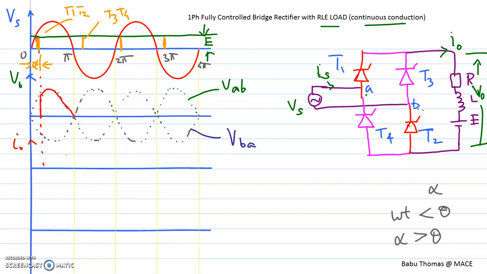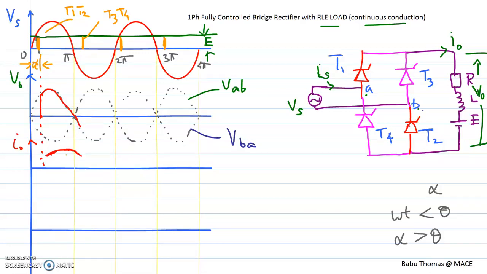So when it is fired, the current gradually increases like this. It will not become 0, and after omega t equal to pi, it gradually reduces like this. And by the time it surpasses the angle pi, your voltage V0 will also be following the same waveform in the negative direction.